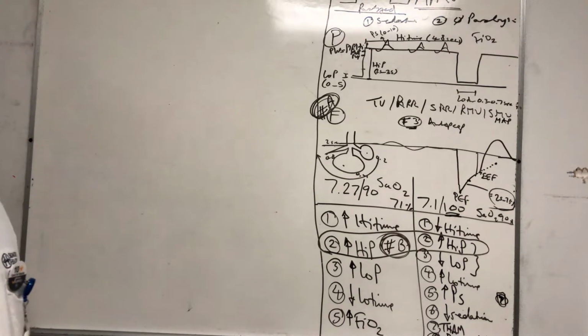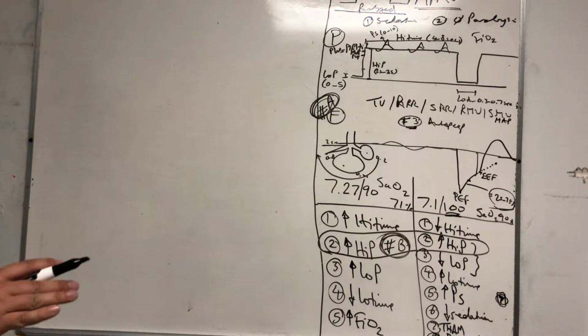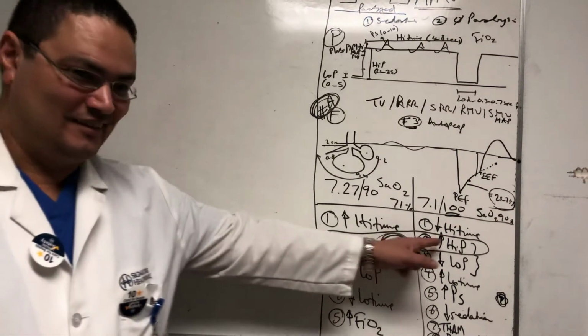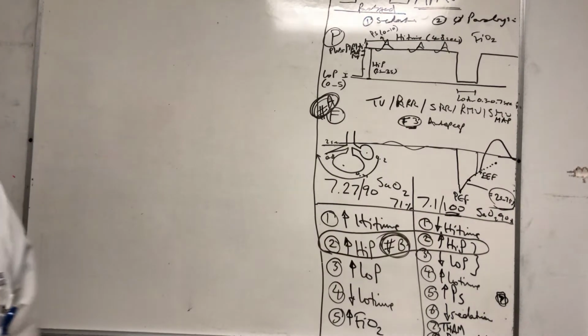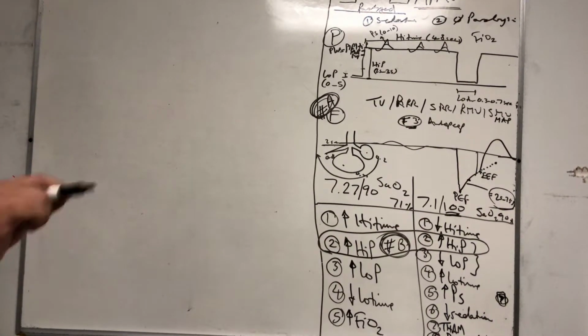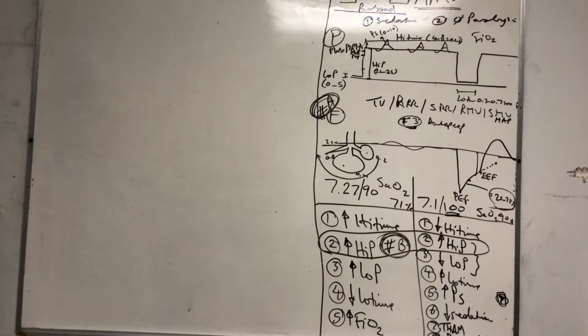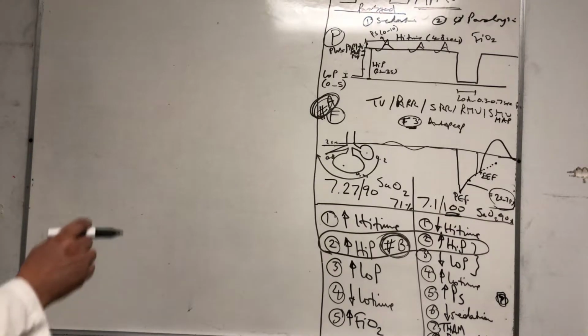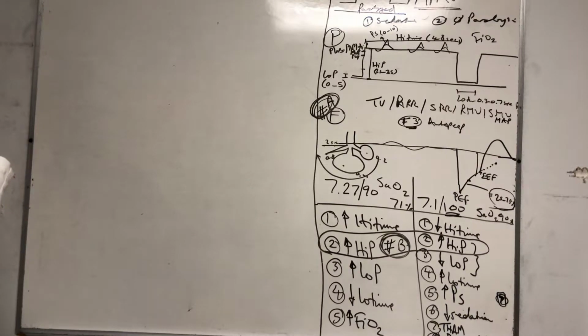Don't forget these two. So if you're asked, what do we do? Patient is having anything on the vent, increase the high pressure. Easy now, okay? So the drop and drag is the most common method of weaning.